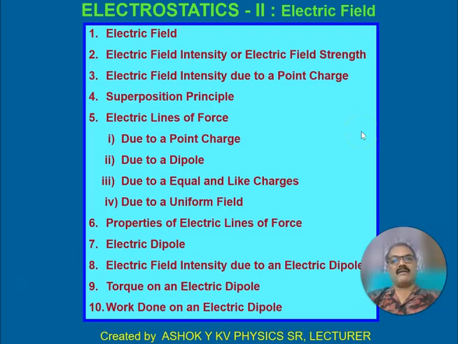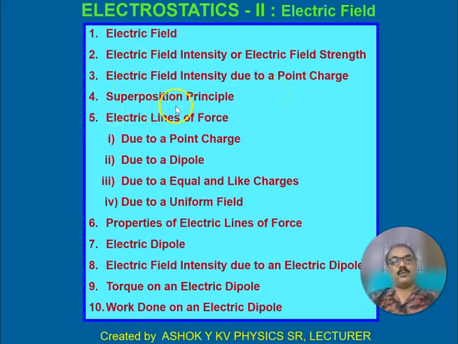Then to find the electric field due to a point charge, which is very, very important. Children, point charge means a very small charge, and one question is going to come. It is given in the NCERT book for all Indian students. You can study that. It is very simple. That problem also I will put here on YouTube.